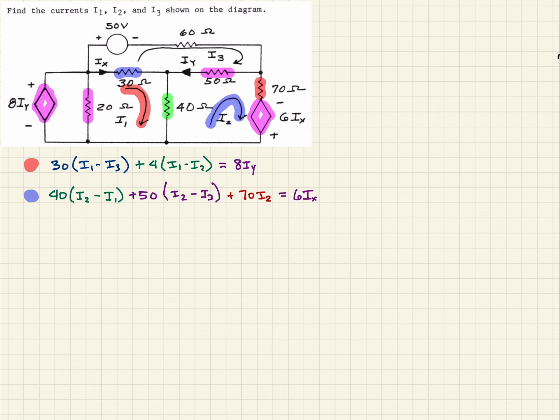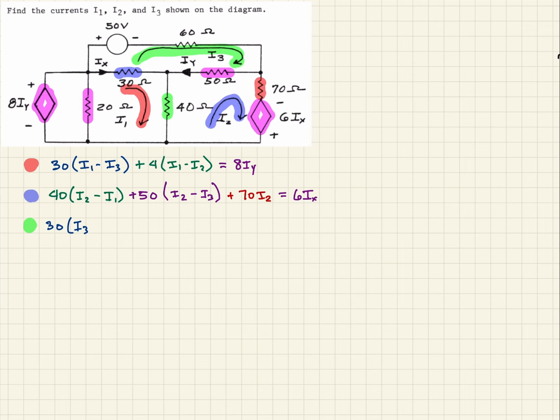And so finally, we've got this mesh current defined here, which defines that loop. So we'll do that one here. And so when we go down and look at this one, we already have the 30 ohm in blue, so we'll keep that the same. So that's going to be 30 times I3.